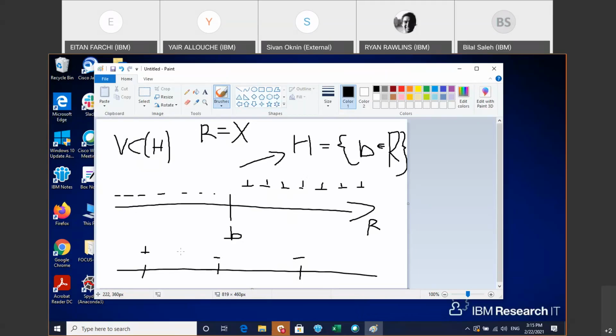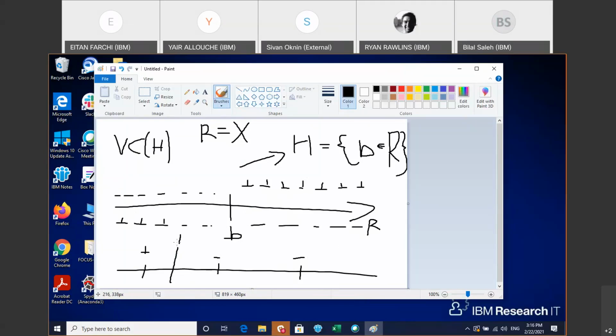So you're interpreting the hypothesis set to include both the case of minus, minus, minus and then plus, and the case of plus, plus, plus and then minus. Let's go with your interpretation. So I can also define the threshold to be plus when it's less than b, and then minus when it's bigger than b.